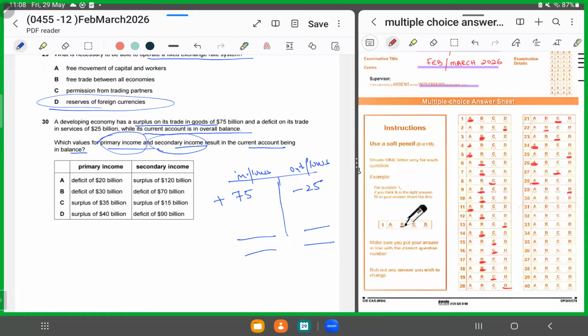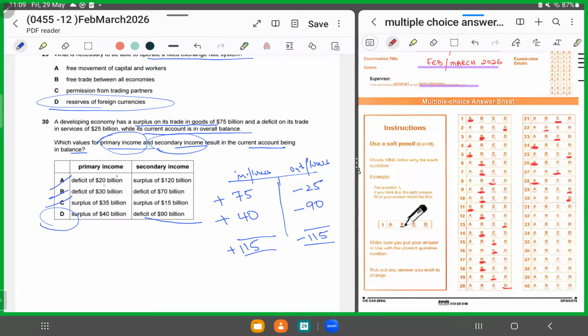So you keep plugging in the figures and you'll see if you put a surplus of 40 billion over here and you put a deficit of 90 billion over here, notice this is going to give you a negative 115 and this would give you a positive 115 billion. So what happens? Both sides are balanced. So it's D. You keep on plugging A, B, and C, and you'll see all three will not give you a balance. It's D that will give you a balance. That is why for 30, we shade in D.